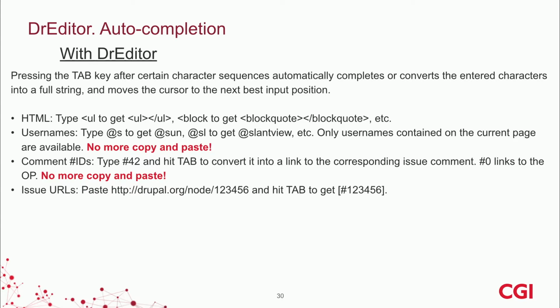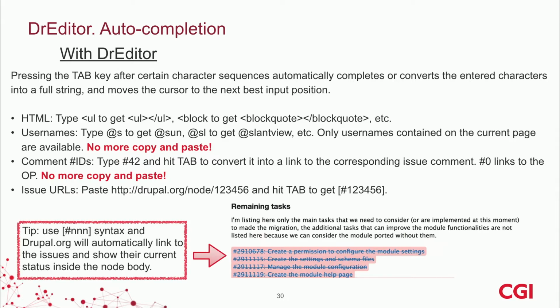And for the issues, you have this pattern. If you put this with the issue number inside, when you save the page, you will have a link to the issue with a color representing the issue status.